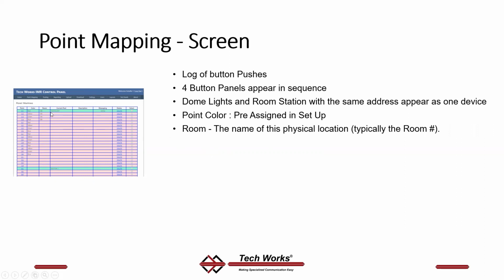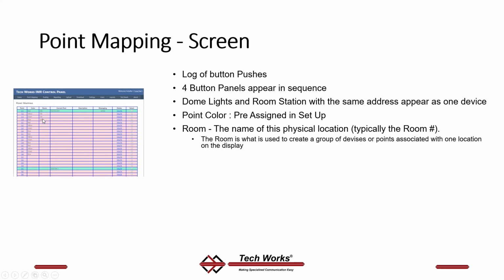Let's talk about room. The room name is the physical name of the location, typically a room number. It can say exam and then a number. It doesn't have to be a number. It can be alpha, it can be alphanumeric, it can be whatever you want. The critical part is that these have to match.